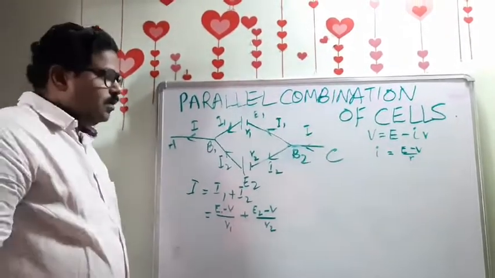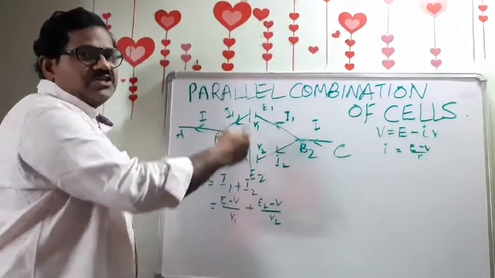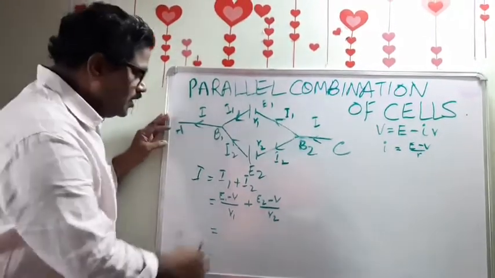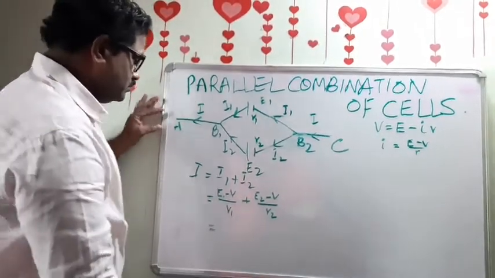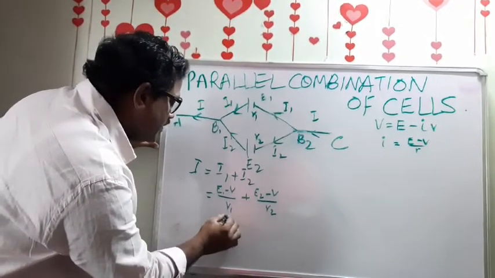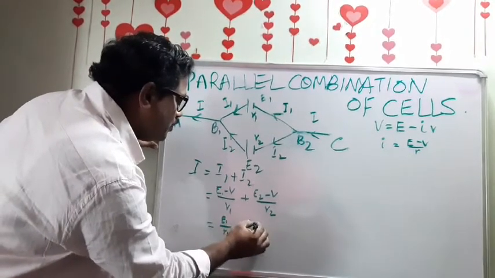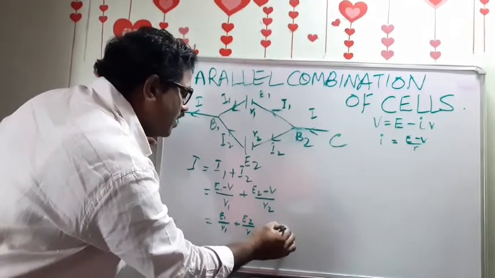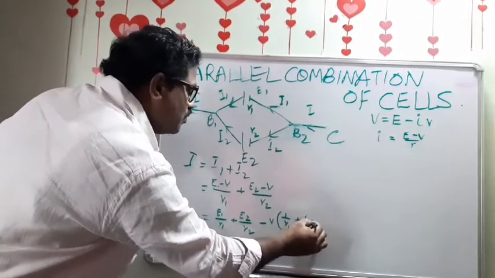Here V is the terminal potential difference for both cells, assumed to be the same. So we get E1 by R1 plus E2 by R2, minus V of 1 by R1 plus 1 by R2.